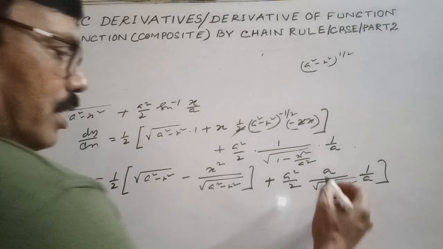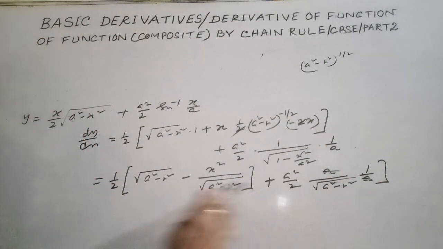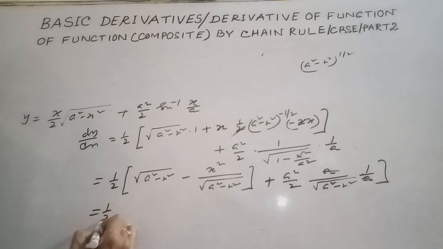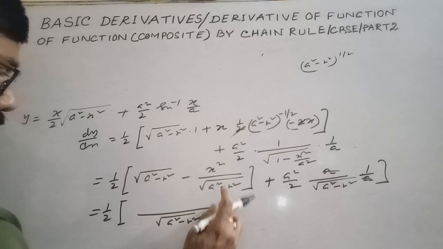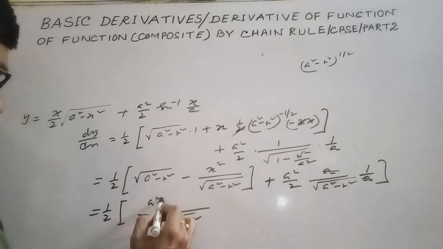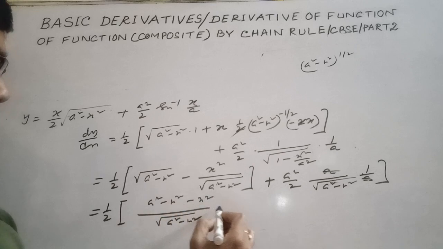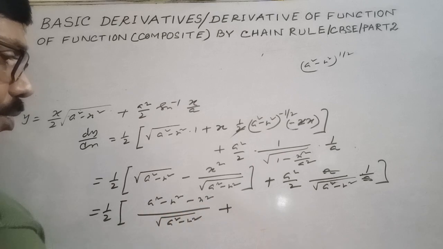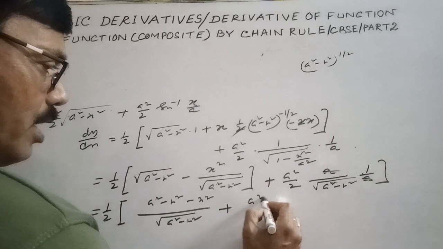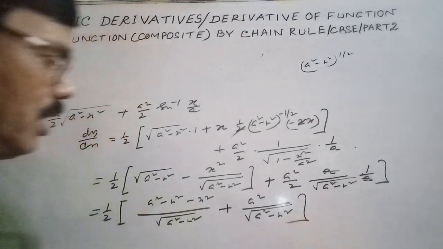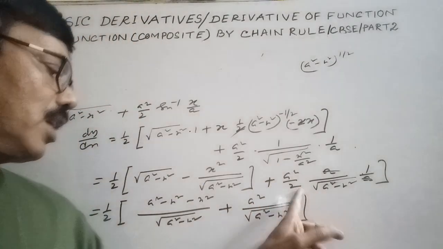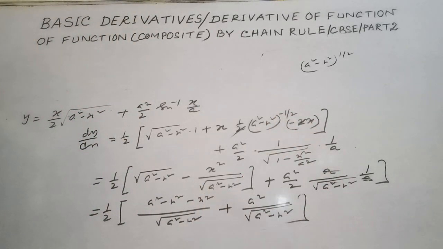So, finally, look, here also half, here also half. So, half is common. So, root over a² minus x² LCM. So a² minus x² minus x² plus a² by root under a² minus x². Half common, root over a² minus x².